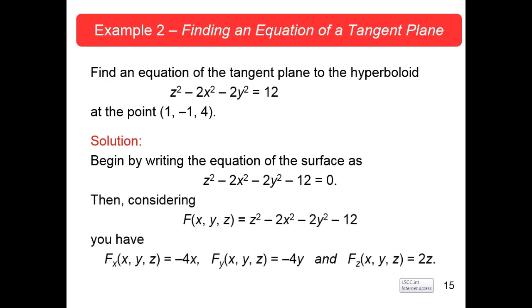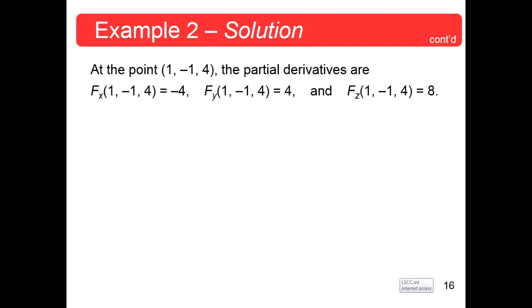Then they consider that function to be that surface, and then taking the partial of F with respect to x, you get minus 4x. With respect to y is minus 4y. With respect to z is 2z.